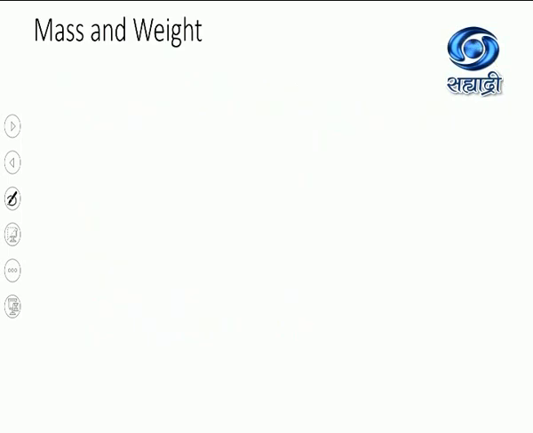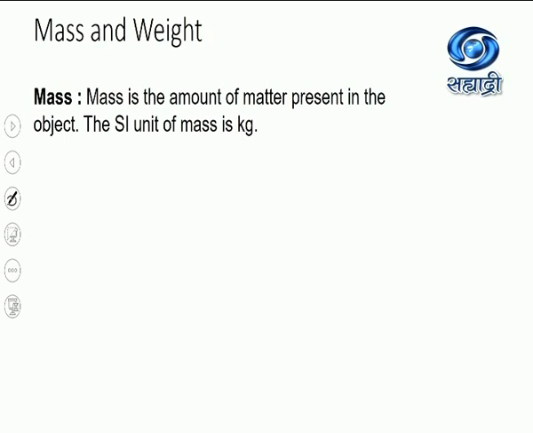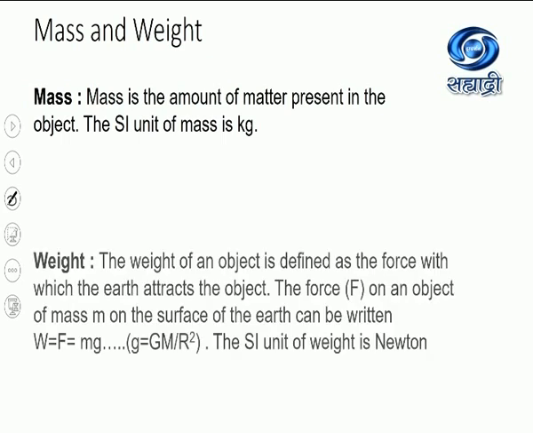Now many times we get confused between mass and weight, but both are different quantities. So what is mass? Mass is actually the amount of matter present in the object. The SI unit of mass is kg. And what is weight? Weight of an object is defined as the force with which the Earth attracts the object.